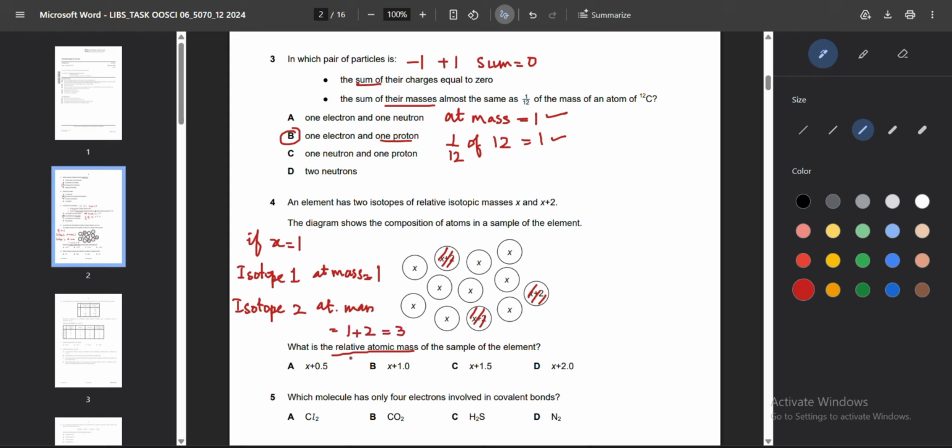All right. So as we just said, the relative atomic mass would be closer to the isotope which has more abundance. So which one has more abundance? The isotope with atomic mass of 1. So it means our option A would be correct, because the Ar can be 1.5, closer to the atomic mass of isotope 1, because it is present in abundance. Okay.